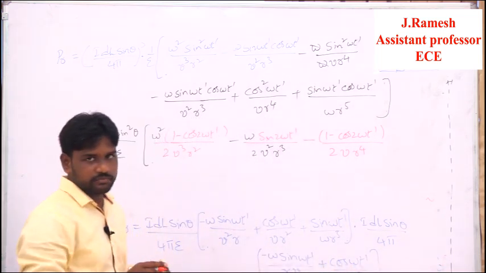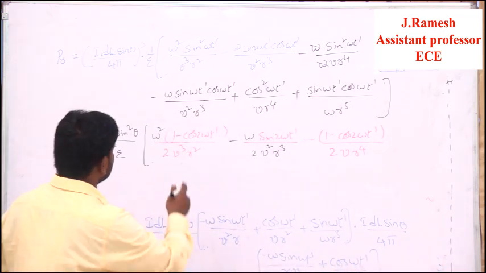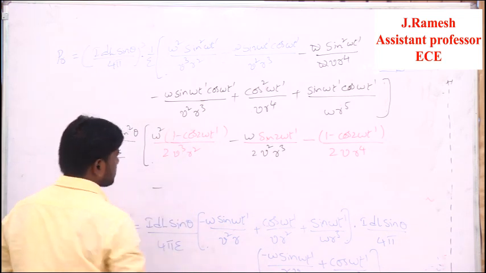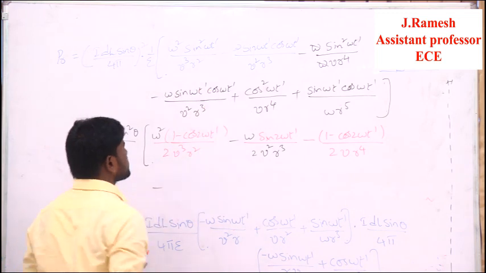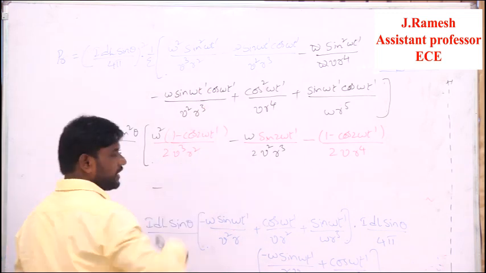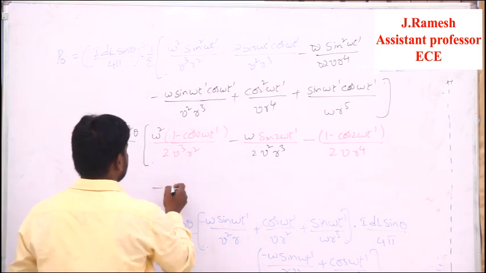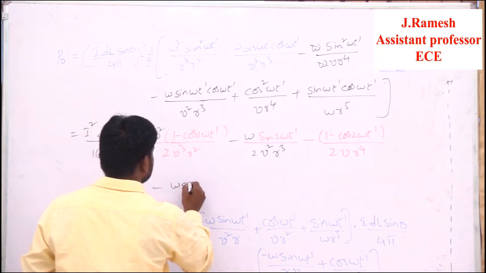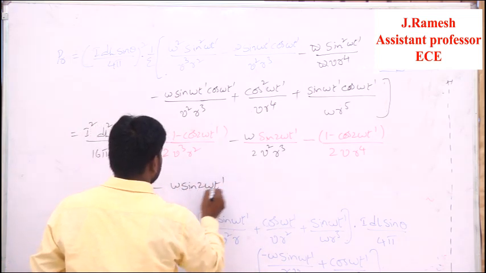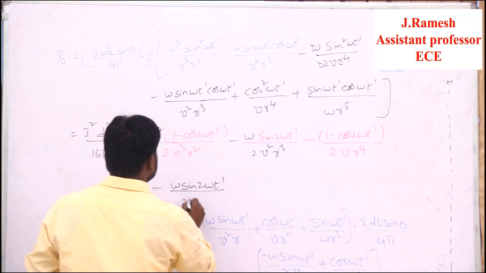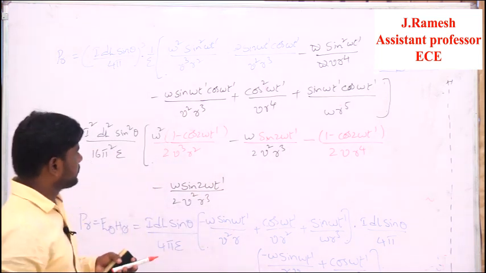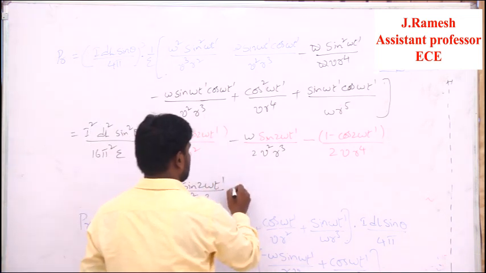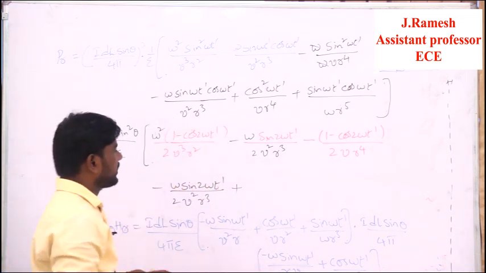So the first two terms are over. Now I am going for the fourth term, minus of, again this is sin theta cos theta, so again I multiply and divide by 2. That means I can get w into sin 2 omega t dash by v square into r cube, so into 2 by 2. Now the next term, cos square omega t dash.